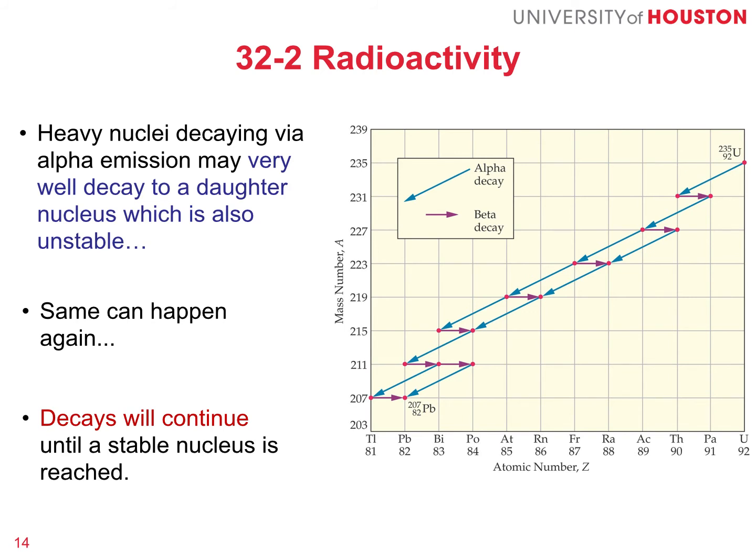Here we have an example on the right where we have a uranium. This will decay via an alpha decay to thorium. Thorium then can decay itself via a beta decay into something else, and this process will continue until we reach a lead nucleus on the bottom.